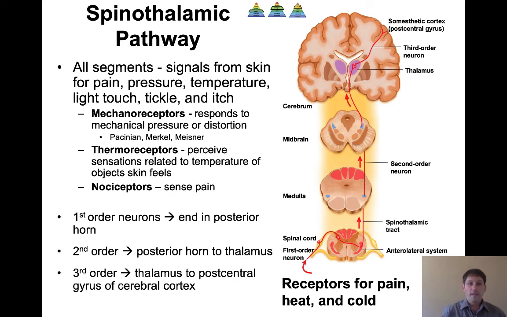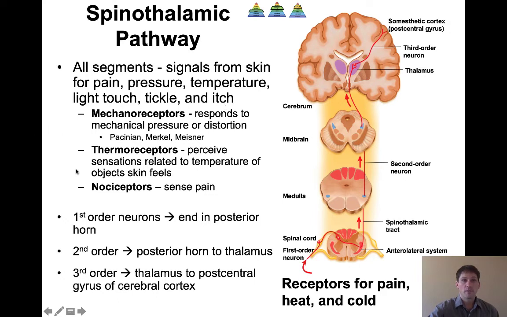The spinothalamic pathway then are receptors for pain, heat, and cold. So this is coming from all segments of our body. And so we're bringing in signals from our skin, for pain, for pressure, temperature, light touch, tickle, itch, right?